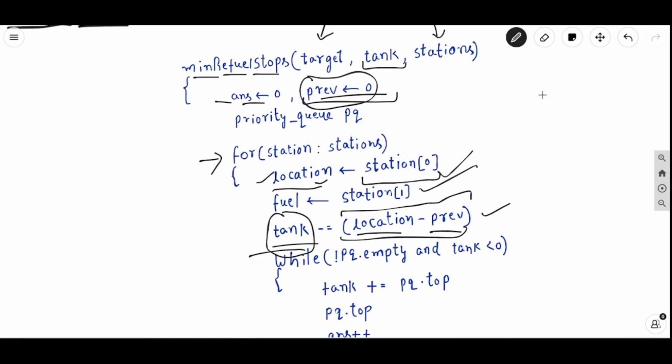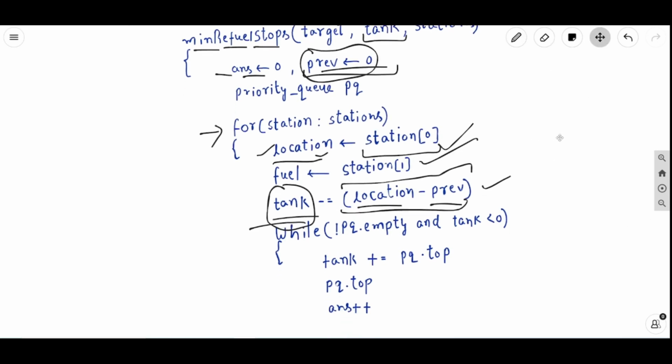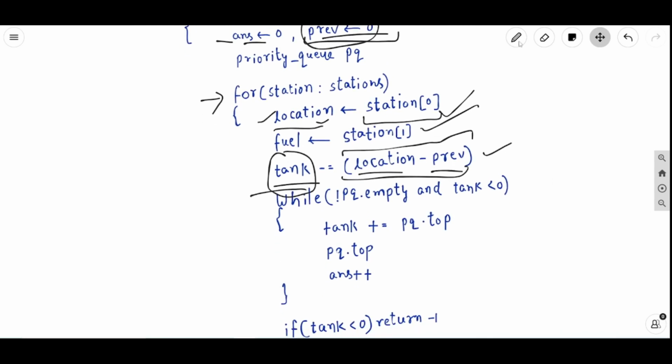Now I will iterate over the priority queue. Why? Because probably I have consumed all of the fuel of the tank, or this tank variable may go negative. If it goes negative, that means between the previous location and the current location, I had to stop at one of the intermediate gas stations to refill our tank.